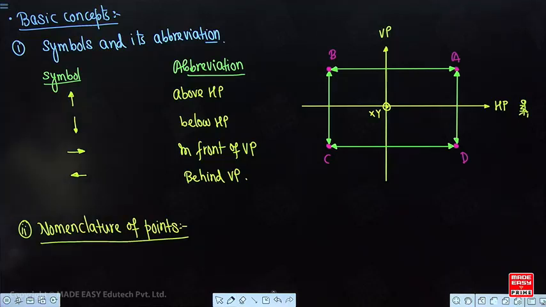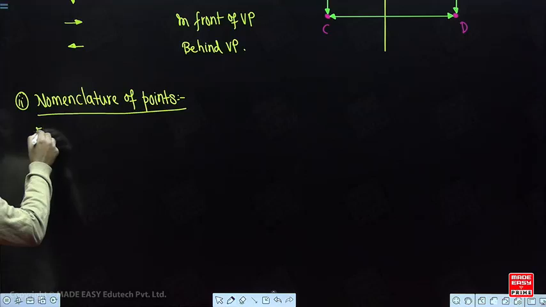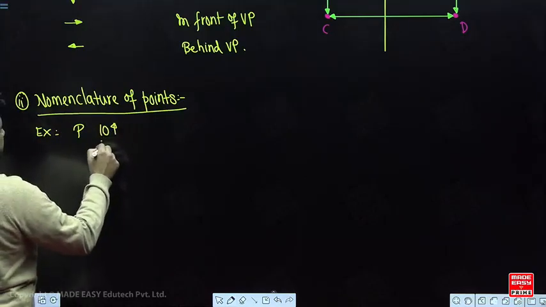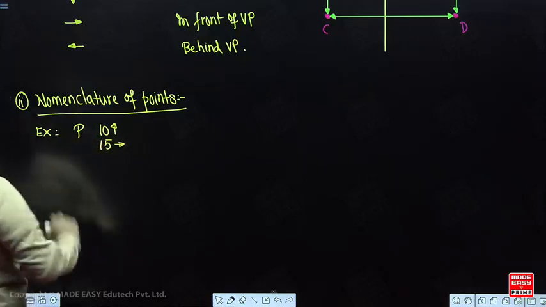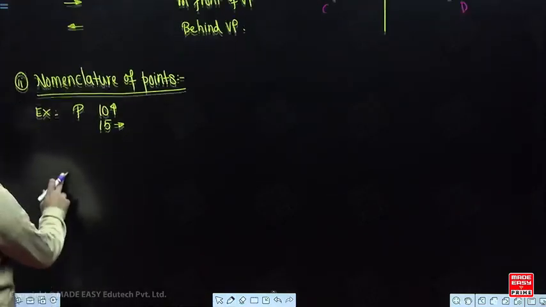Clear? Now nomenclature of points. Let us see what is the meaning of this. Let us take an example. Let us take point P, it is 10 mm above HP, 15 mm in front of VP. That is the meaning. So 10 mm above HP and 15 mm in front of VP. So let us draw it.